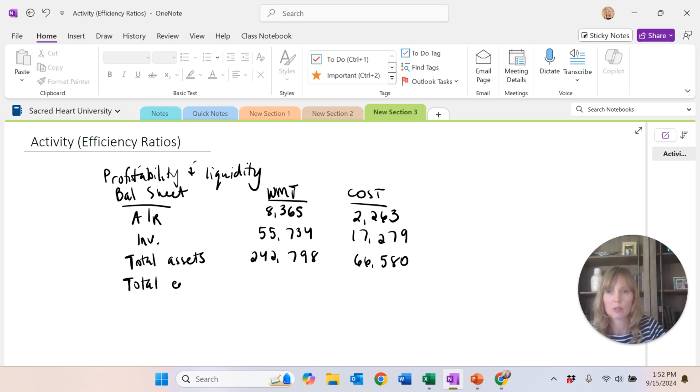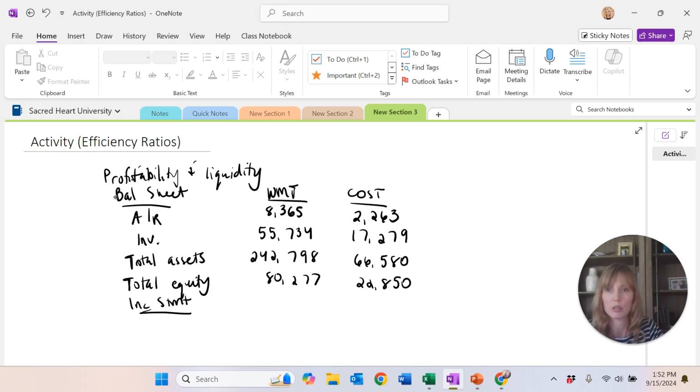Total stockholders' equity, 80,277 and 22,850. We also need some income statement amounts. We have revenue, cost of goods sold, and net income. So we expect revenues to be higher because Walmart is so much bigger in terms of total assets and total stockholders' equity.